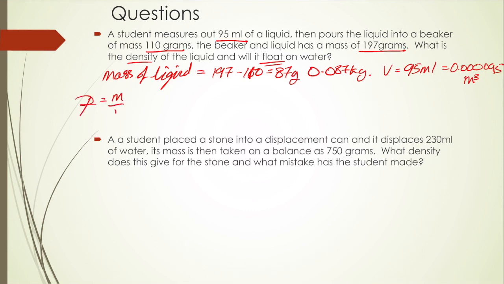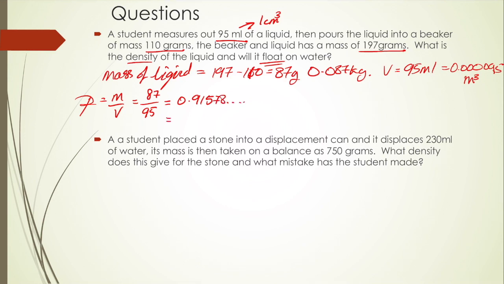So density, mass divided by volume, equals 87 divided by 95. I'm going to work in grams and millilitres. I never said that, did I? 1 millilitre equals 1 centimetre cubed, which equals, if you do the maths, 0.91578.